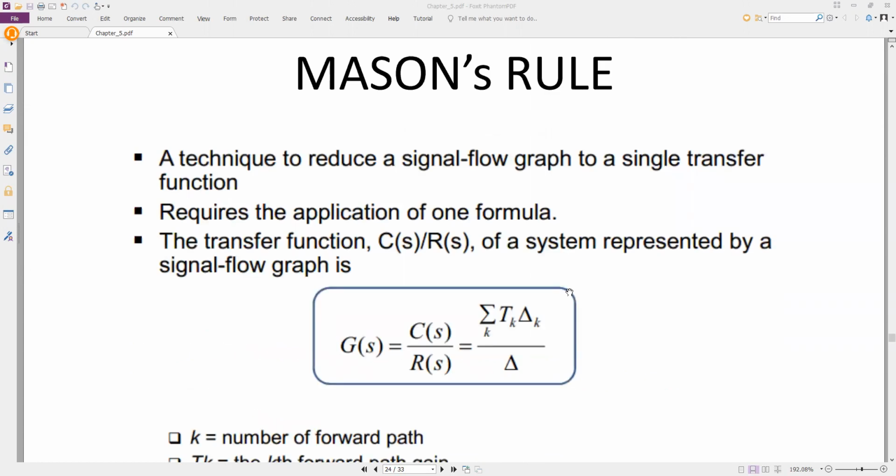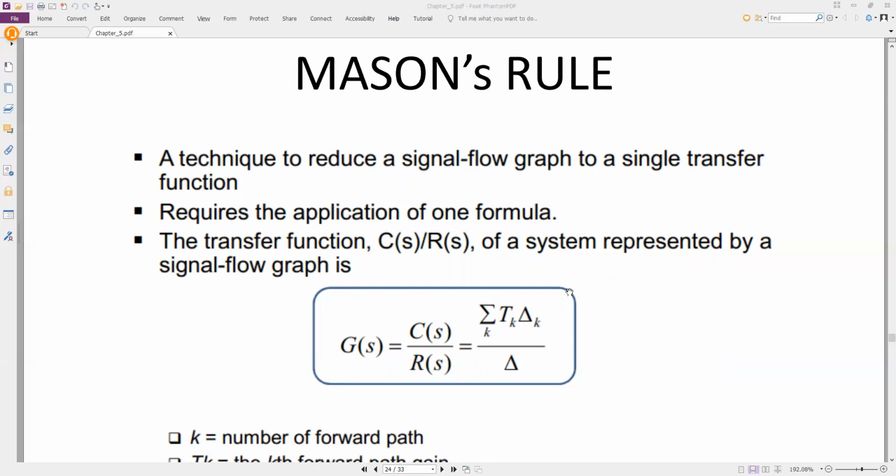Okay, the last topic of today's class is Mason's rule. The thing is how to reduce the signal flow graph: a technique to reduce the signal flow graph to a single transfer function using Mason's rule.